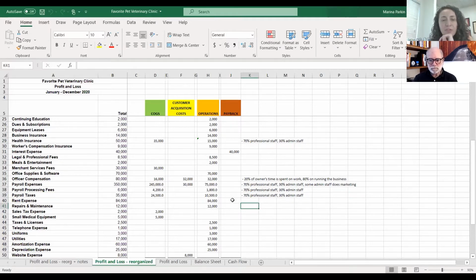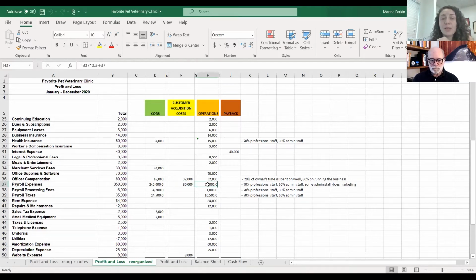Then I went even further in my payroll cost, if you can see. I said, all right, out of the 30% of my admin staff, do I have a marketing person, or somebody splitting their time and doing some of the marketing and advertising for my business? And the answer is yes. So in this case, I assumed that I had a $30,000 individual who is doing marketing and advertising and maybe some social media stuff for my business.